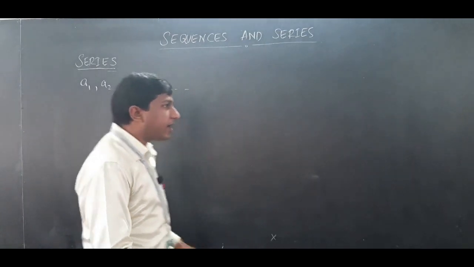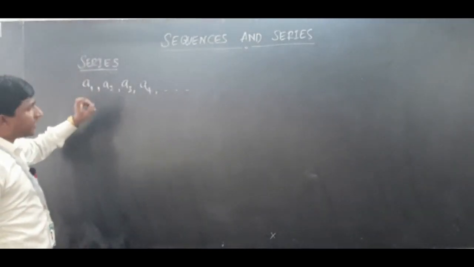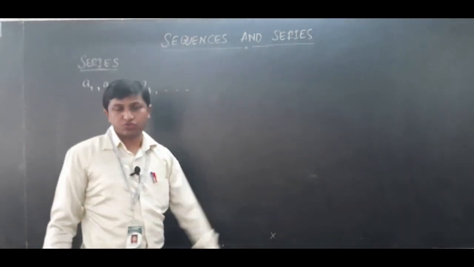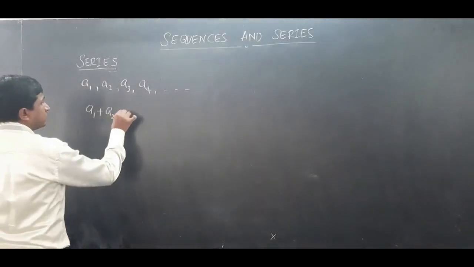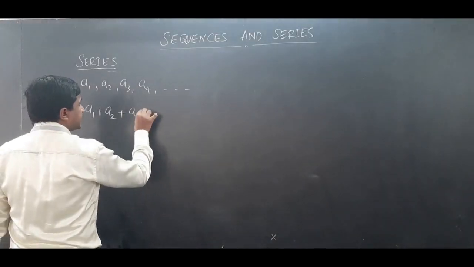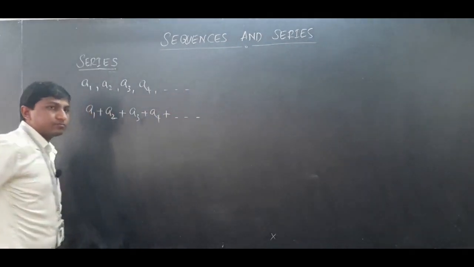In a general way, I have written it to be A1 denoting the first term, A2 which is the second term, A3, A4, comma so on. Now the series associated with this sequence is nothing but the expression A1 plus A2 plus A3 plus A4 plus so on.